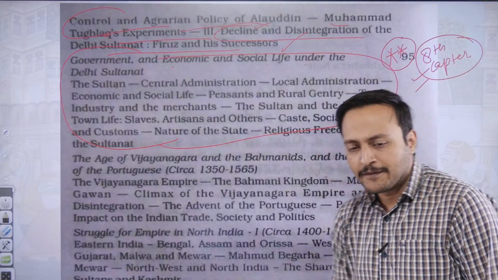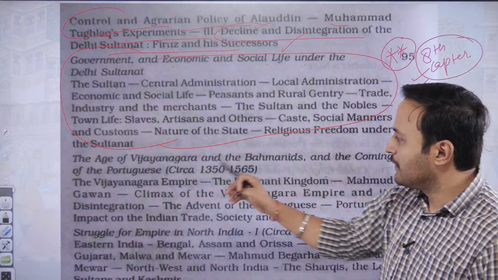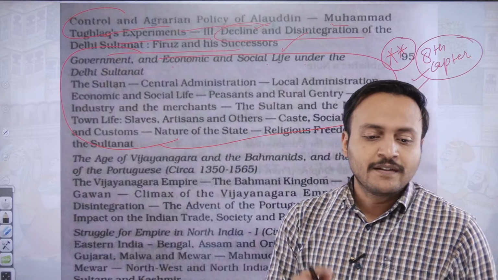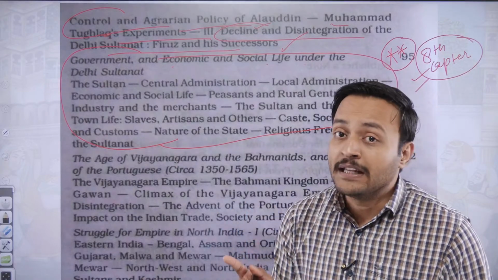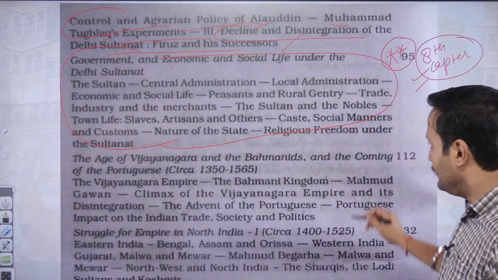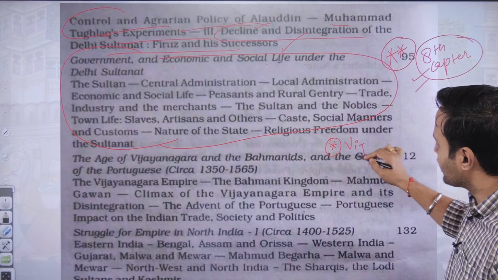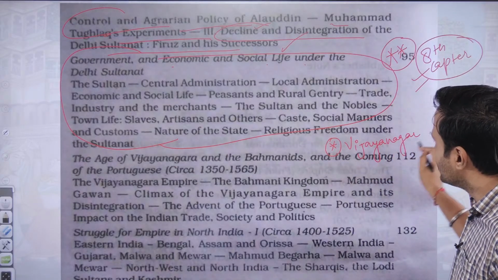After that, we have the age of Vijayanagar and Bahmanids and the coming of the Portuguese. Now guys, remember one point. When we talk about the age of Vijayanagar and Bahmani, Vijayanagar is actually the favorite of UPSC. Why?